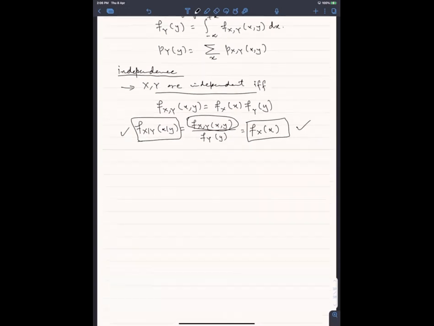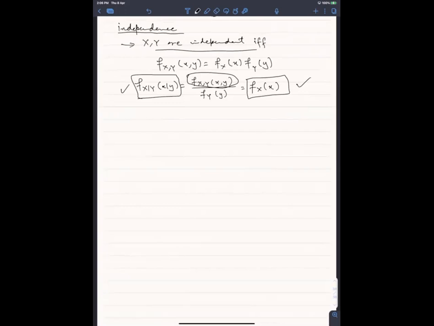Then, in the last lecture, we talked about sums of independent random variables. We did the discrete case too, which was easy to handle: the probability of x plus y taking some value.